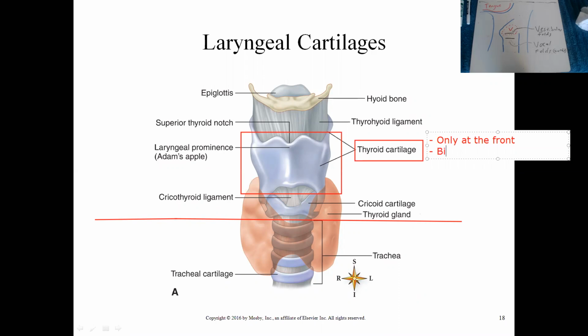It is the biggest larynx cartilage, and it has a bump on it that makes the Adam's apple in the neck. That's the thyroid cartilage.